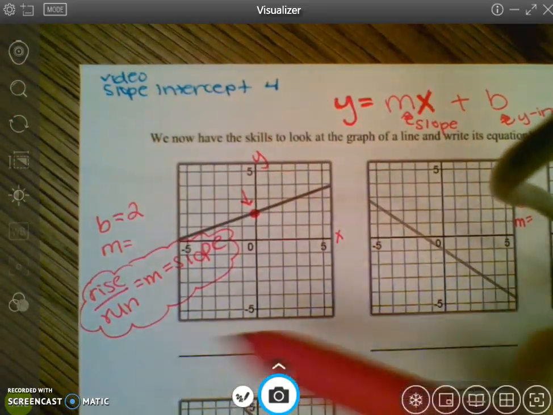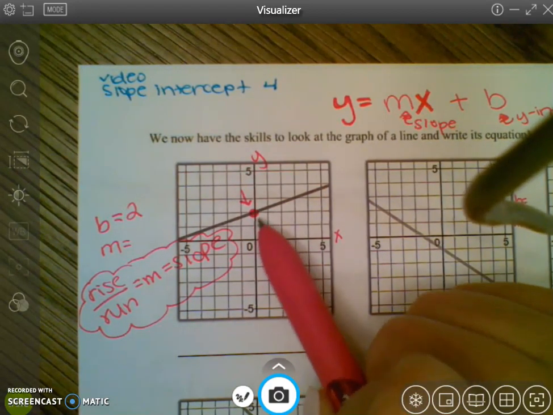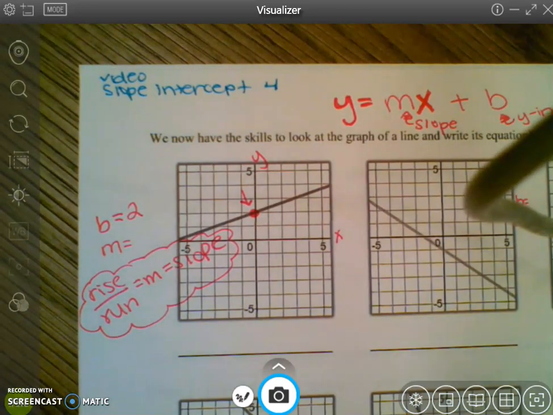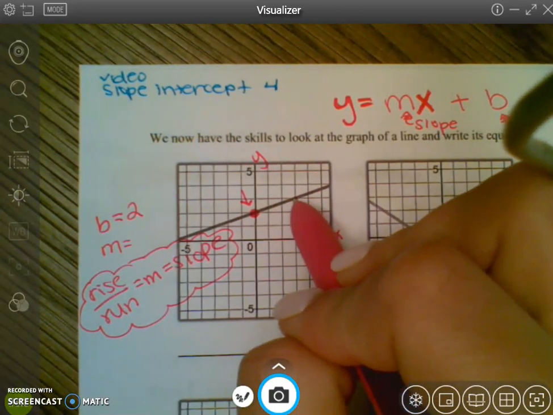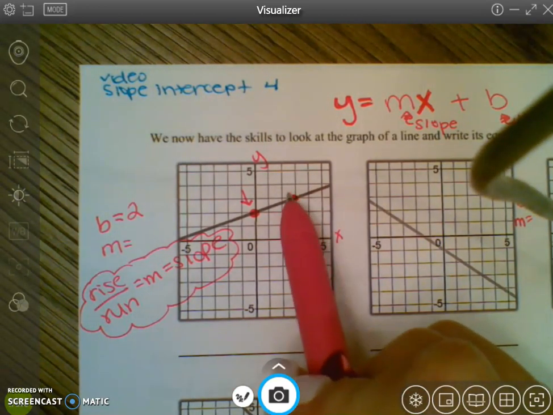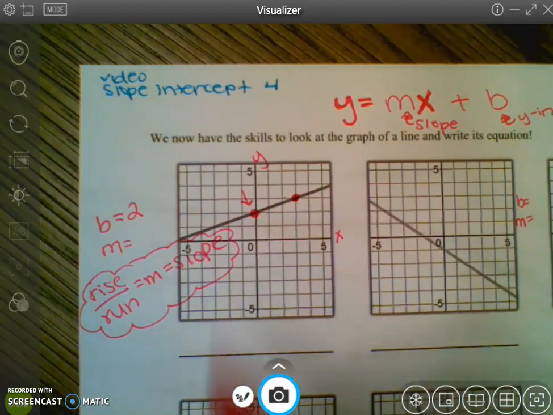There we go. You need to find exactly where it crosses. So it obviously crosses here. No, no, yes. It exactly crosses through the little grid right there. So it crosses right here.